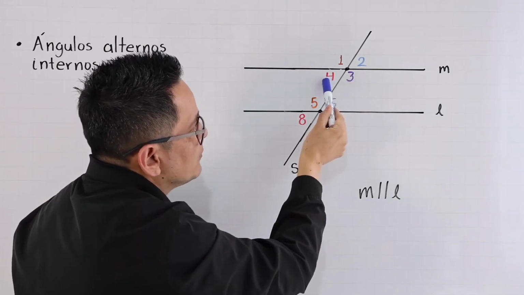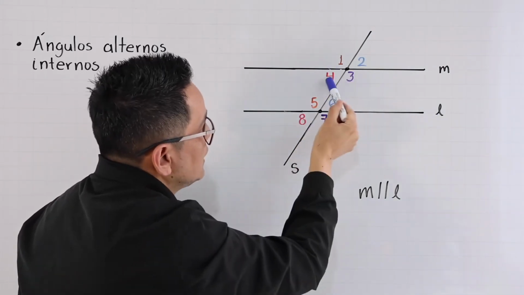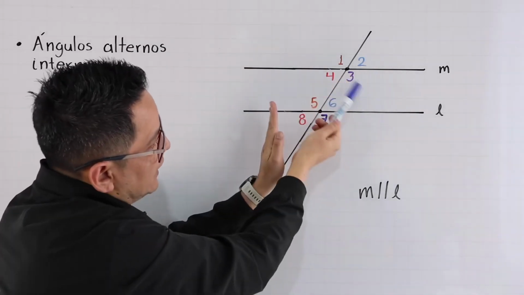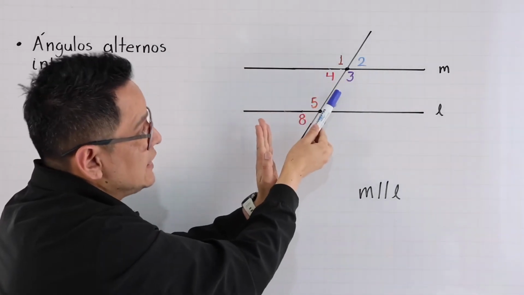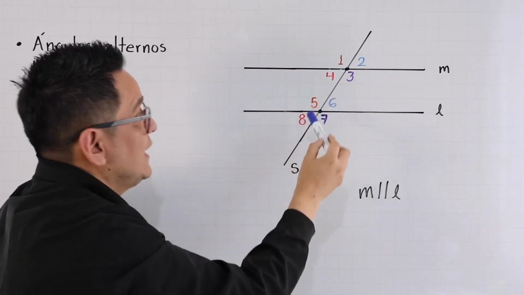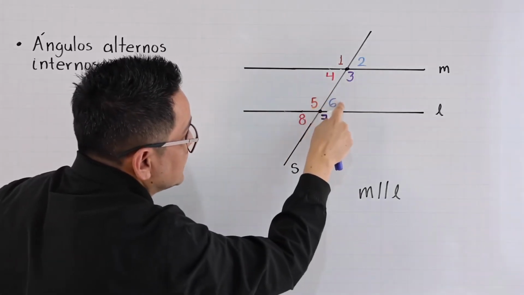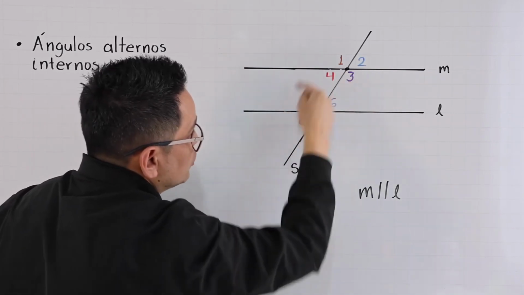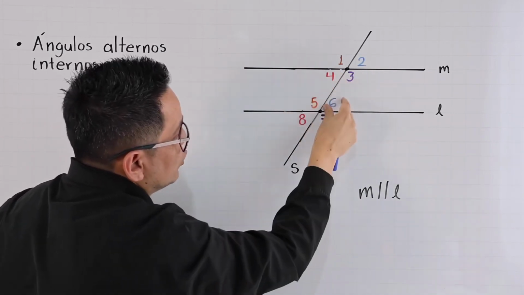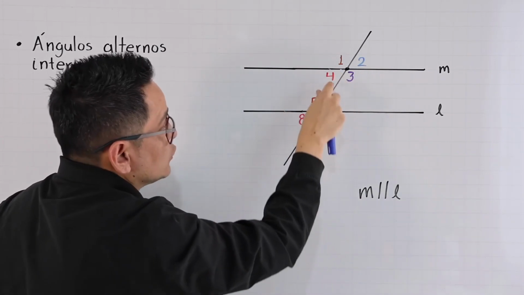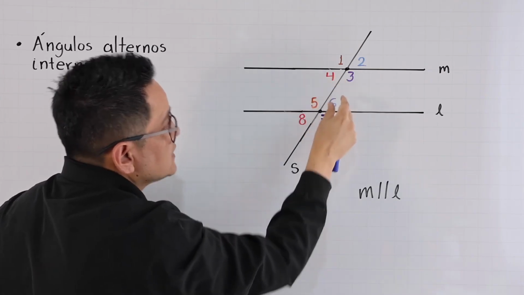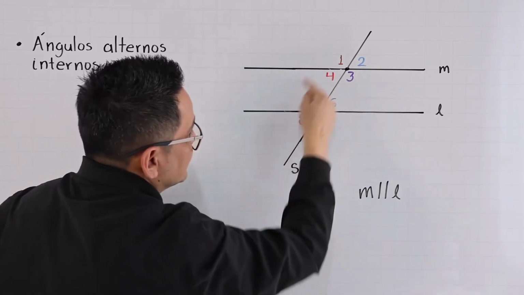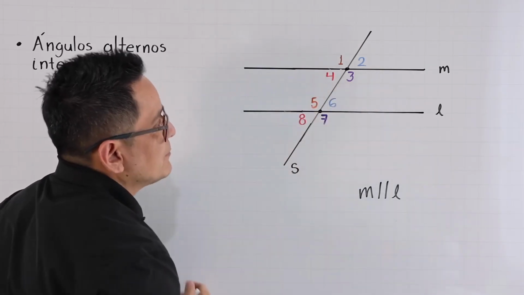So, let's check it. Here we have angle 4, for example, which is on the inside. And I want you to see that it's on the left side of the line. Now let's look at who is on the right side of the line, but is alternate. In this case, it would be angle 6. Angle 4 is inside and is alternate with angle 6. Therefore, angle 4 and angle 6 are alternate because they're on opposite sides, and they're also interior because they're on the inside.